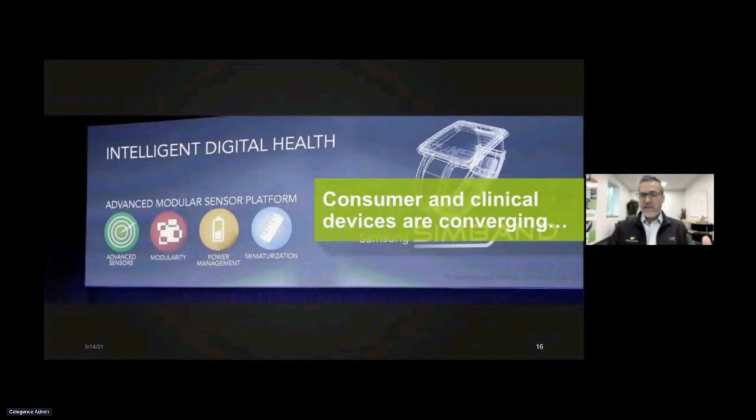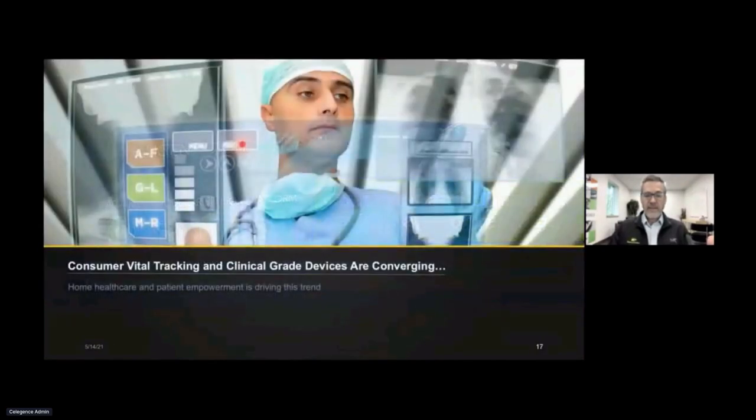First off, as we all know, consumer devices and clinical devices are converging and becoming the same thing at a very rapid rate. And this is very important because as these consumer vital trackers and clinical grade devices converge, we understand this is happening because there's a huge push towards home healthcare and a huge push towards empowering patients to take part in managing and controlling their own health through interfaces such as digital interfaces and device interfaces.